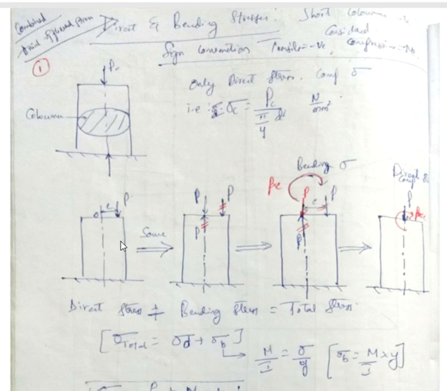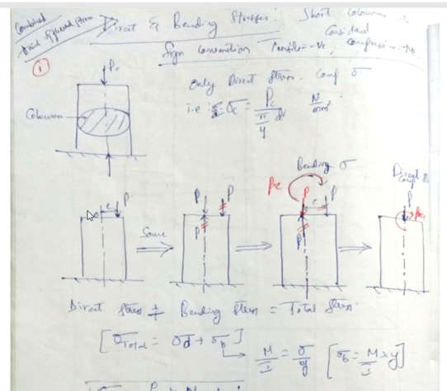So whenever there is a load applied at some eccentricity, two types of stresses are induced in the column. One is the compressive stress, which is also called as direct compressive stress, because it is trying to compress the column in downward direction. And second is bending stress, because this force is also trying to bend the column towards right. The same force if I apply towards left, then it will bend the column towards left.